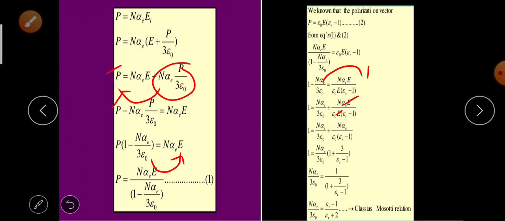Now bring this term to the LHS side, then n alpha_e/3ε0 = 1/(1 + 3/(εr − 1)). Therefore n alpha_e/3ε0 = (εr − 1)/(εr + 2). This is the Clausius-Mossotti relation.